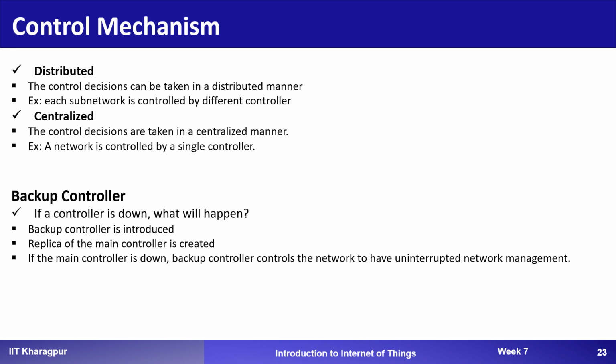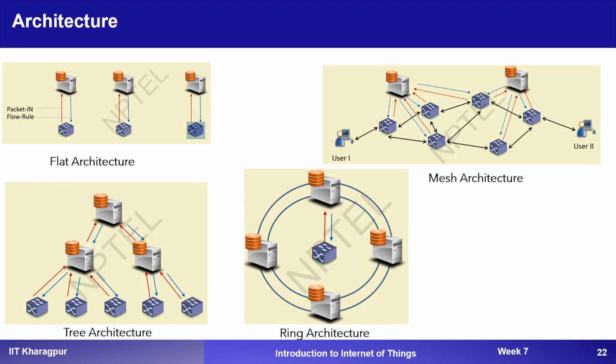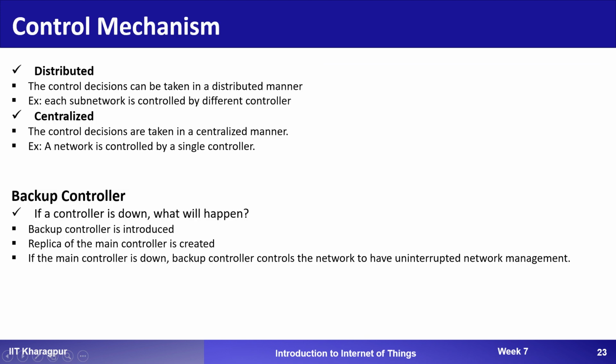Example, each subnetwork is controlled by different controllers. So the example of your distributed control mechanism is this mesh architecture, or your ring and tree architecture are also examples of your distributed control mechanism, because different controllers are going to take decisions related to the flow.